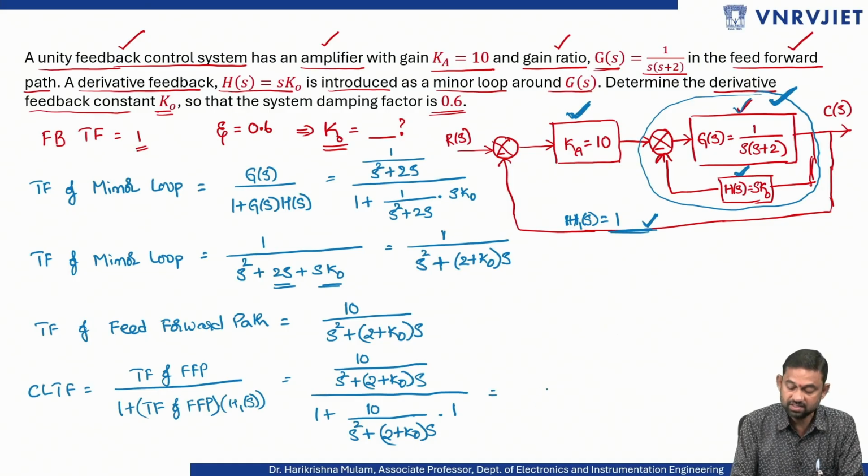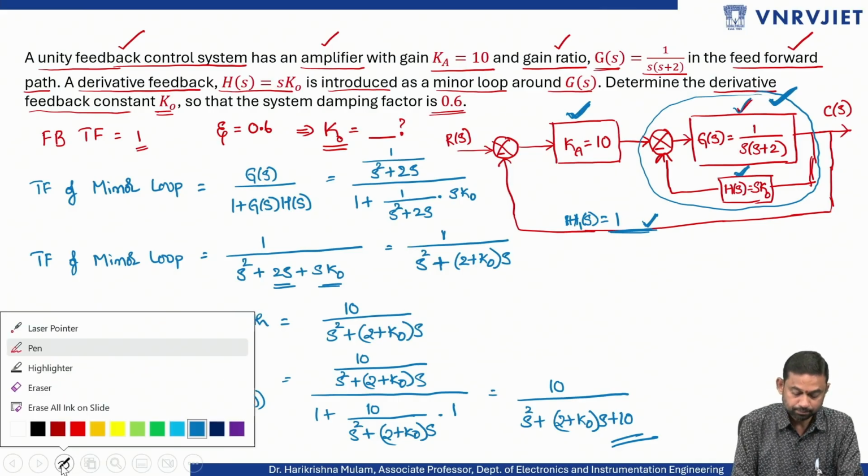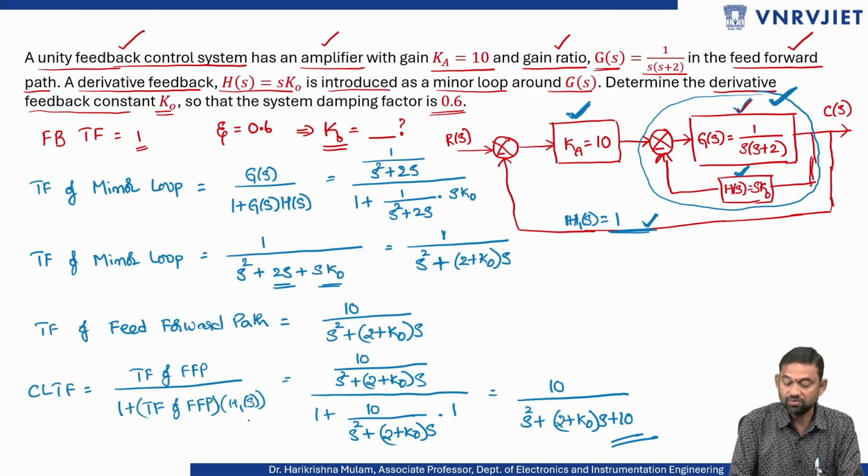If you simplify this, you will get 10 by S square plus 2 plus K naught times S plus 10. So this is the transfer function of this entire system.